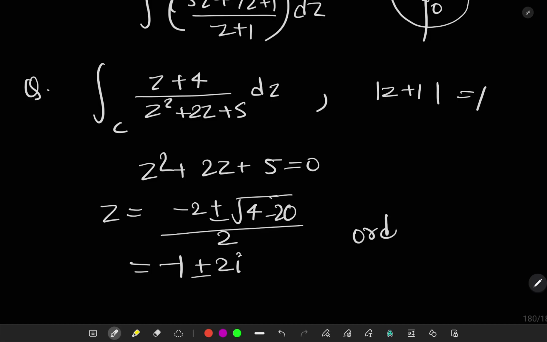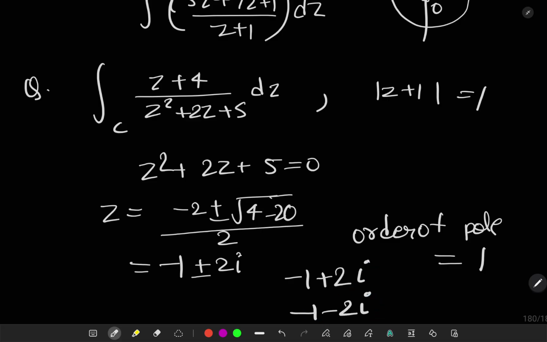Here you can see the order of the pole is equal to 1, and there are two poles, -1 + 2i and -1 - 2i.